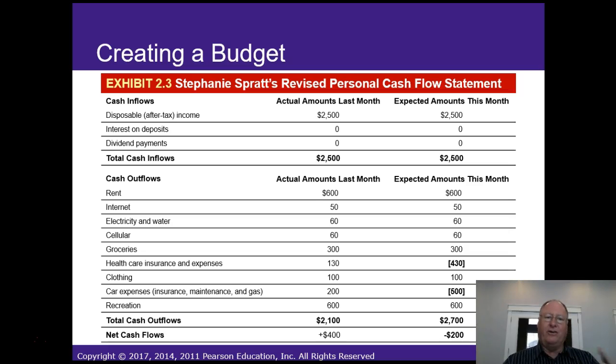Once you begin to understand your own personal cash flow, you can extend that forecast, that budget, out even farther into the future, over the next several months, and use that information to take into account items that are either unanticipated or that you can't anticipate.